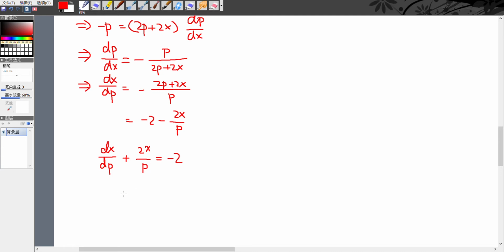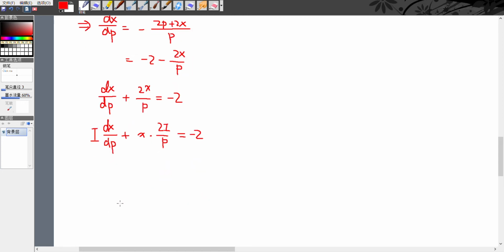And now because we are doing this with respect to p, we now use the method of integrating factor, I times dx by dp plus, okay, so x is our main function, so extract x over here and times 2I over p right here, which equals negative 2.